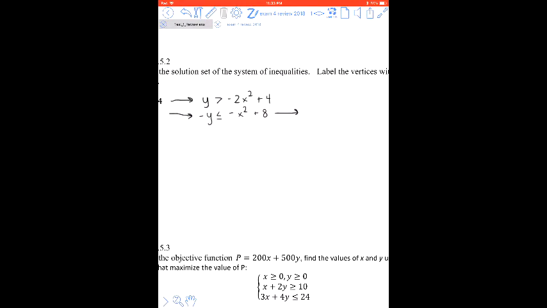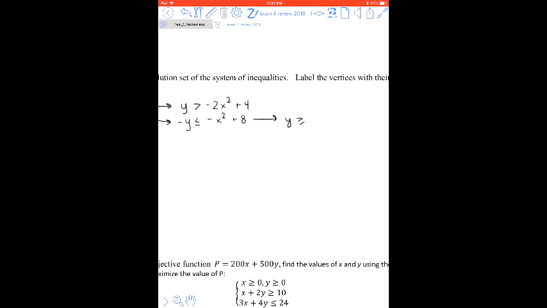Divide everything by negative. Get greater than or equal to positive x squared minus 8.